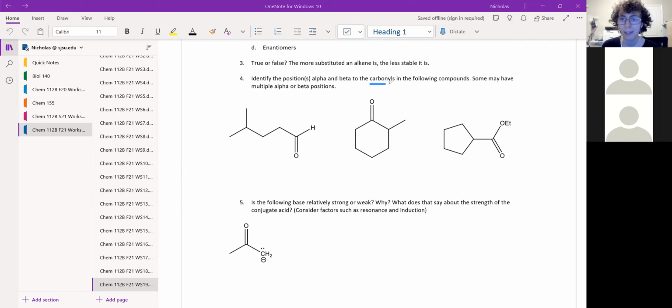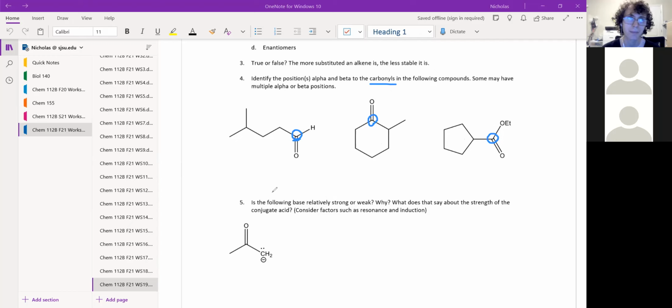And in this class, it's always going to be what's alpha and beta to the carbonyl. So you're looking specifically at this carbonyl carbon or this carbonyl carbon or this one. That's what you're focusing on, what's alpha to that carbon that I have circled in all these structures.